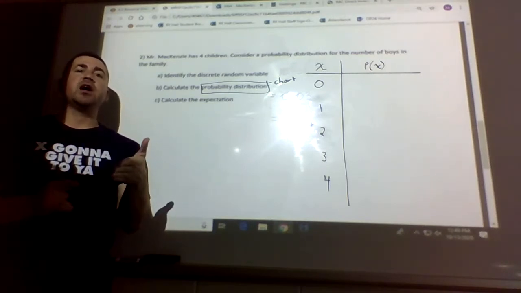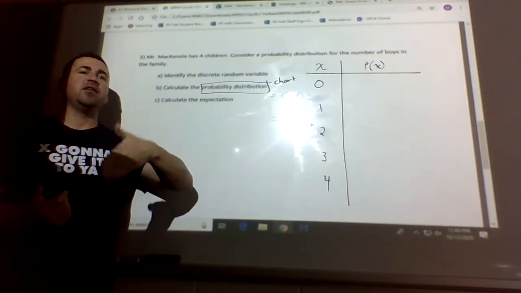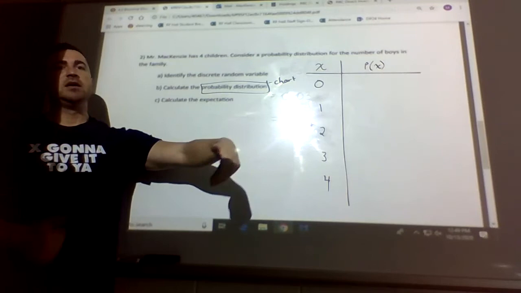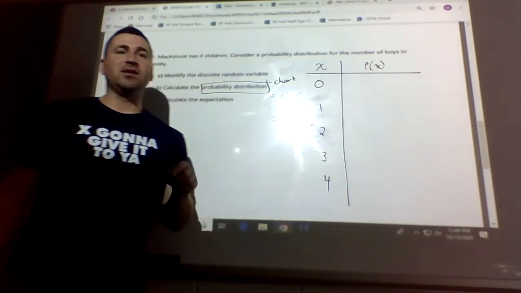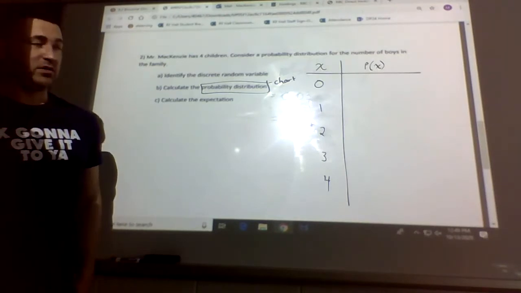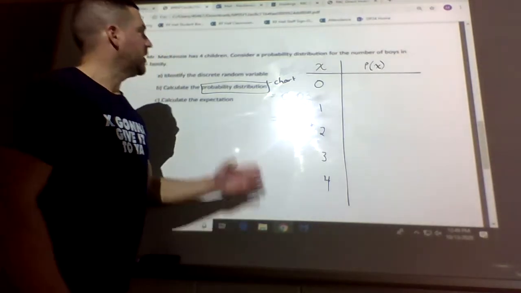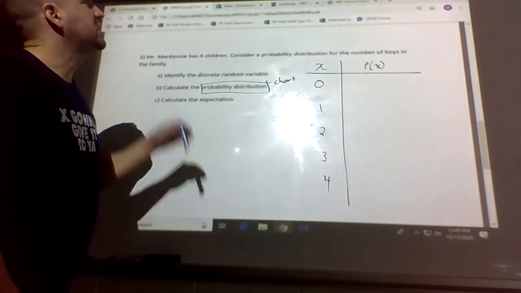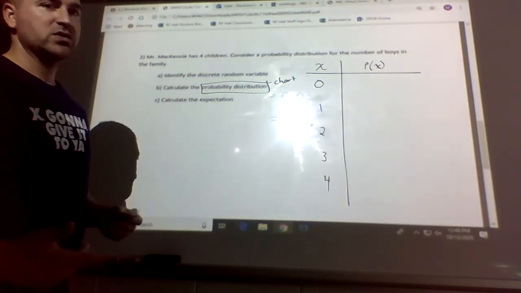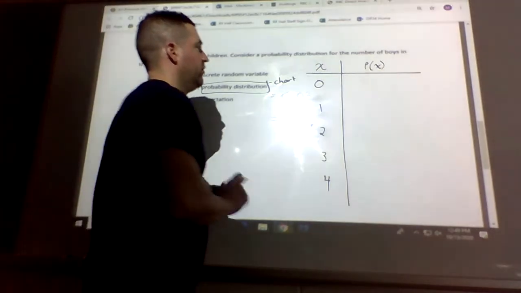If you have one child, it does not affect the sex of the next child. So each child is considered an independent event or a trial here. We have multiple trials, and since we want to look at all the different outcomes, we're using our binomial formula.